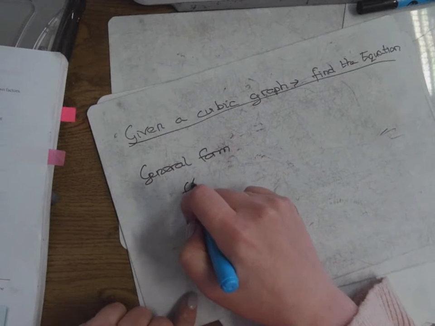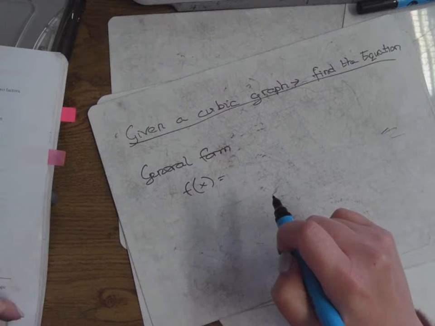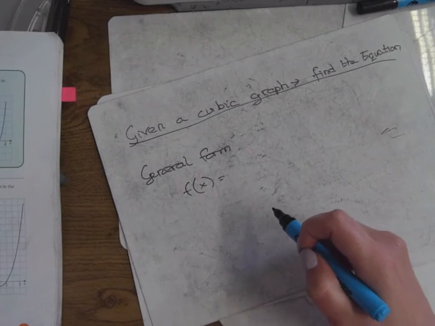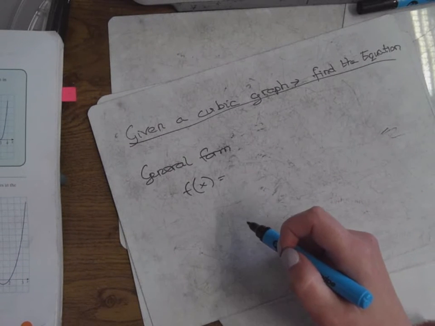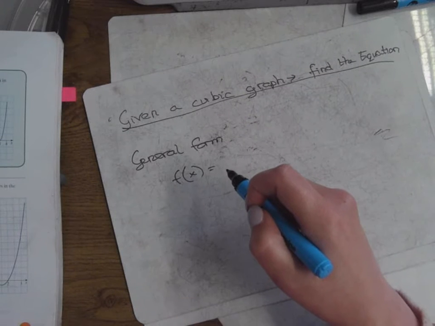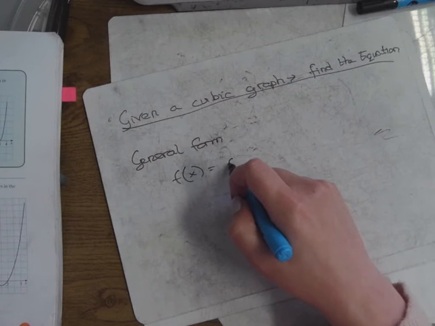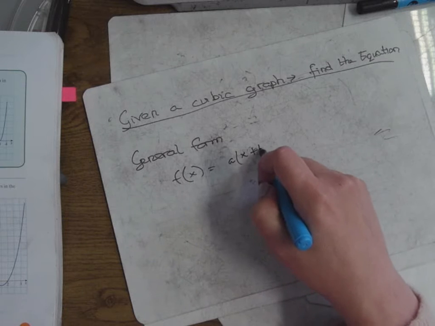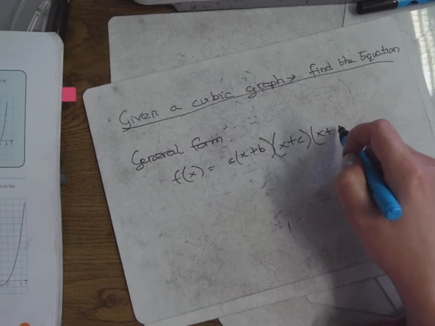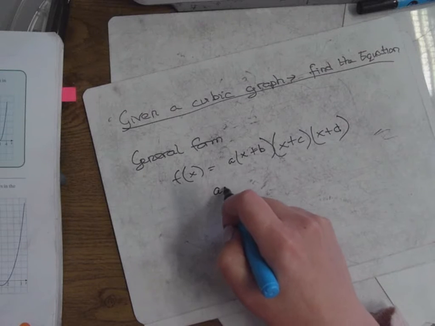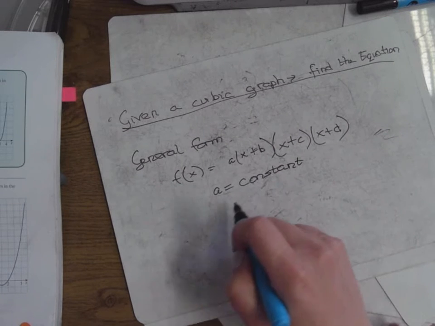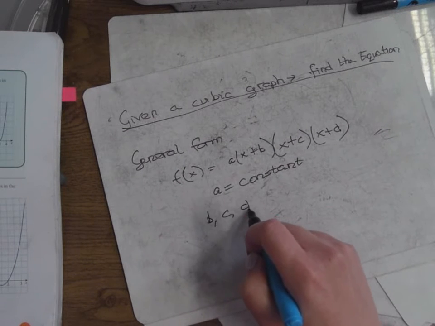So f of x, right, where a is a constant, as in its number, and b, c, and d are where the graph cuts the x-axis.